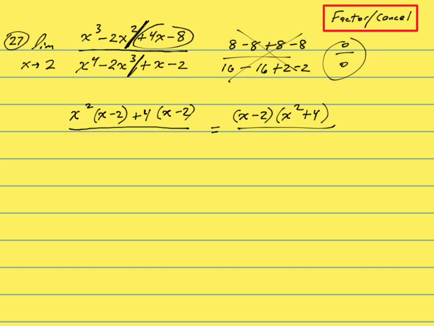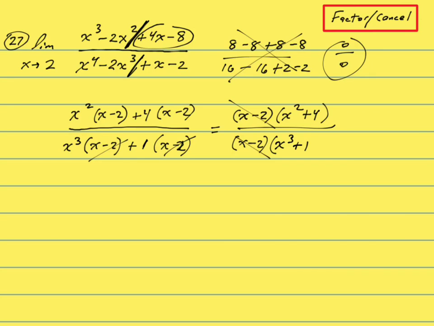Now we're going to do the same thing on the bottom of this fraction. I'm going to factor out, in this case, an x to the third. I think that leaves me with an x minus 2. If I take a 1 out, that leaves me with the x minus 2. So that leaves me with x minus 2 times x cubed plus 1.